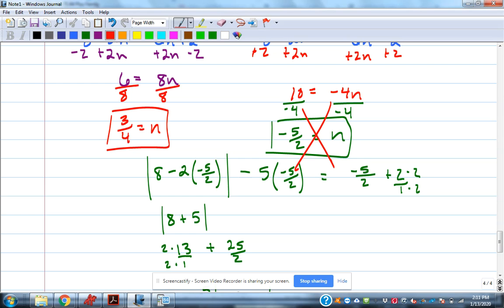Now, you're not always going to throw out the negative one, even though that one happens to get thrown out a lot, but not all the time. Sometimes you may end up keeping the negative one and throwing out a positive one. Don't go by the sign of the answer. Go by what you're plugging in and checking. It's got to work in the problem for it to be a solution out of that. So it's going to take some practice with those.